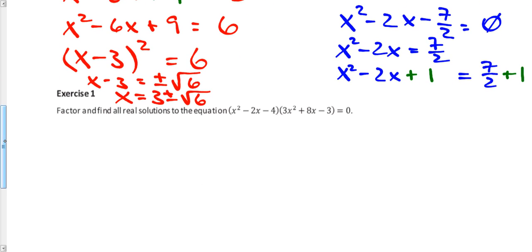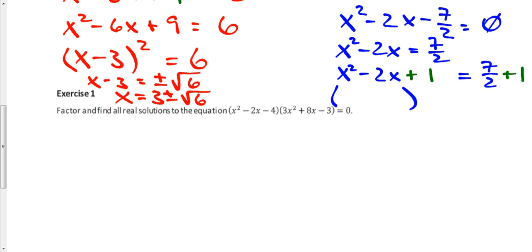All right. Now, this guy right here, half of the middle term. Negative 1. Squared is plus 1. All right.